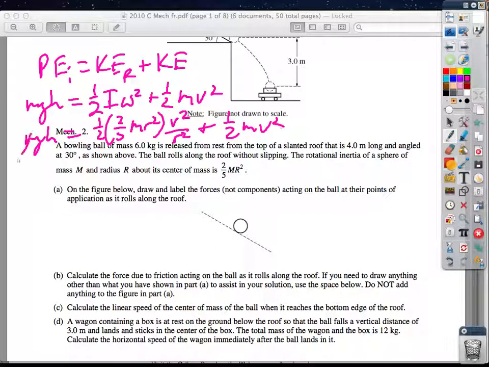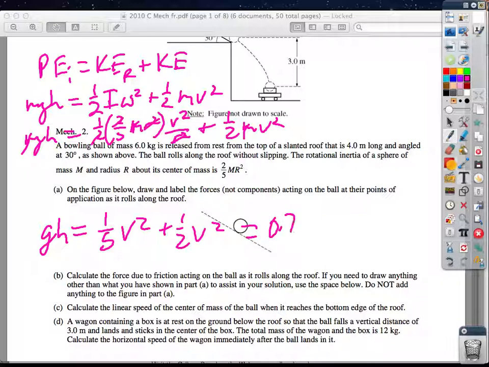So this mass cancels everywhere. This 2 cancels here. And I get gh, this r squared cancels there. I get gh is 1/5 v squared plus 1/2 v squared. So then that, of course, 1/5 is 0.2 and plus 0.5 is 0.7 v squared. So v is equal to the square root of gh over 0.7.